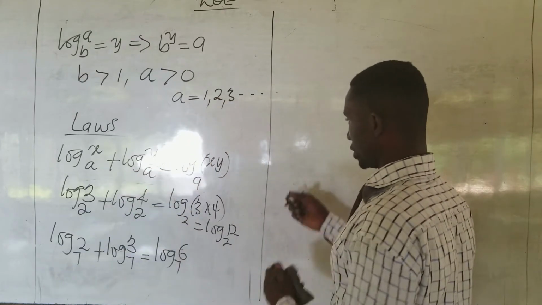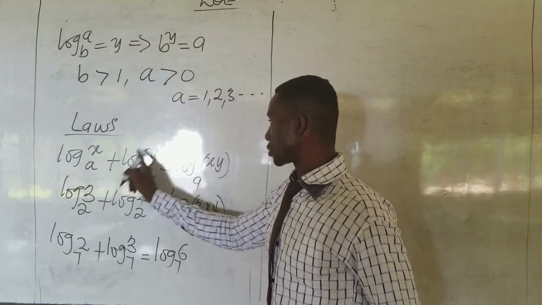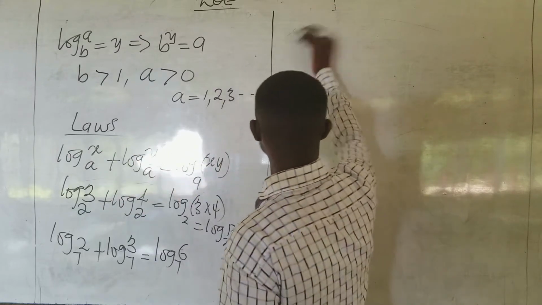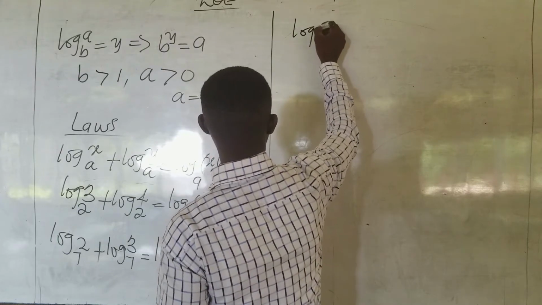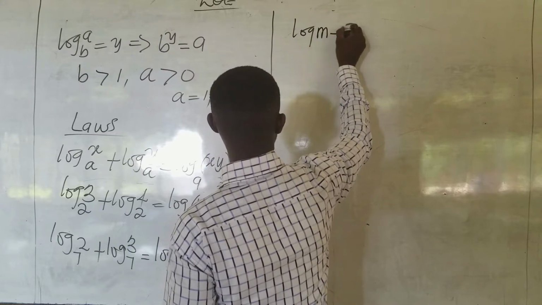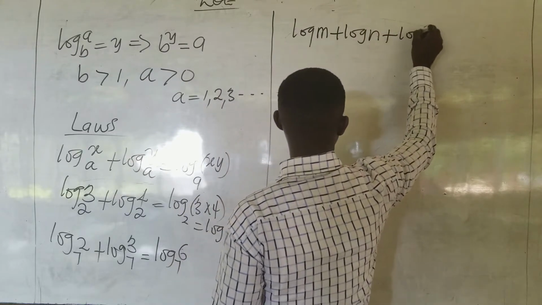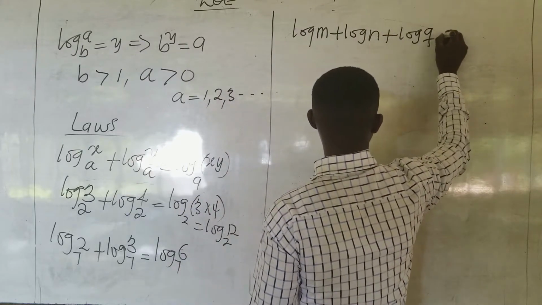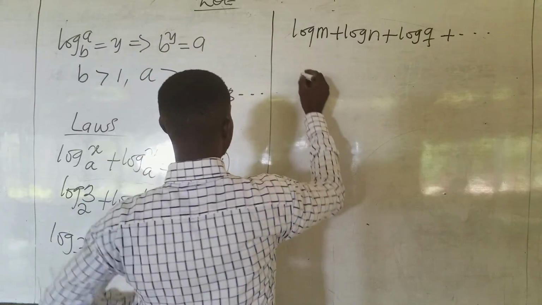So generally, I'll use two variables here, log x base a plus log y base a, so that I can generalize the law like this: log m plus log n plus log q plus so on.